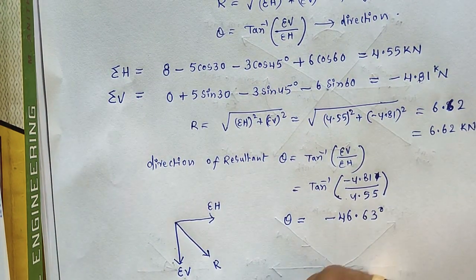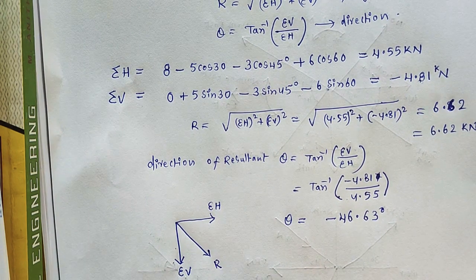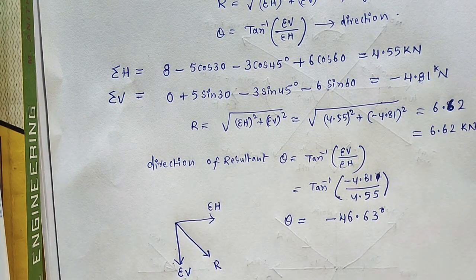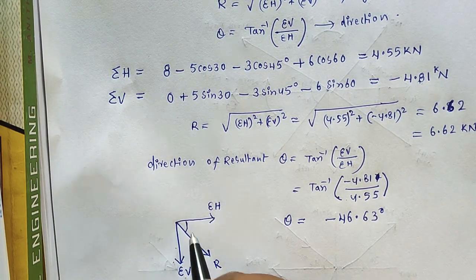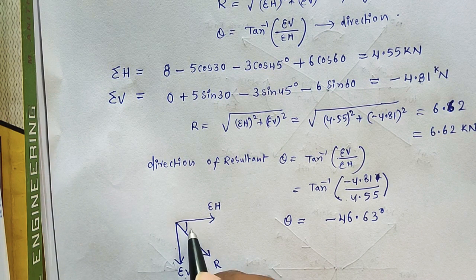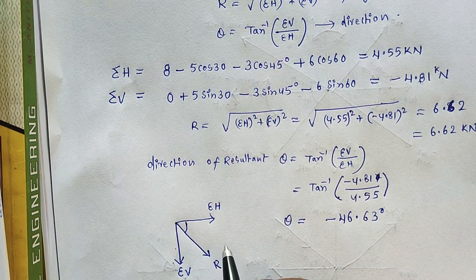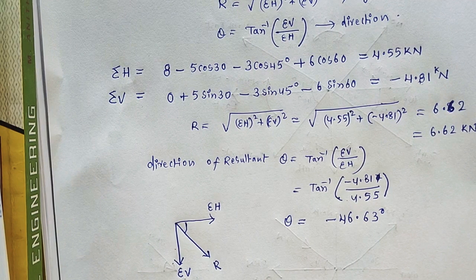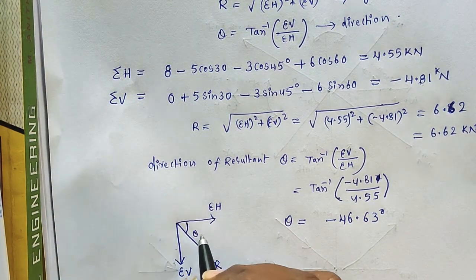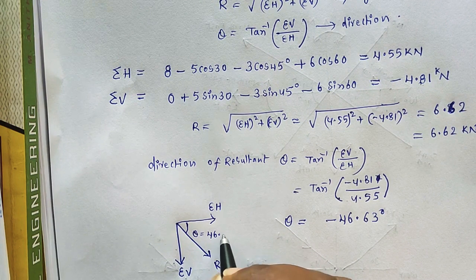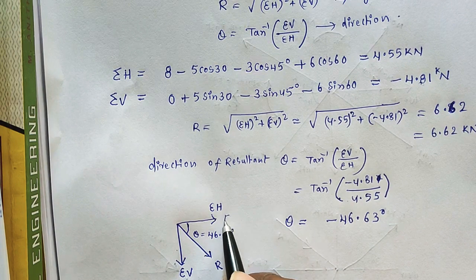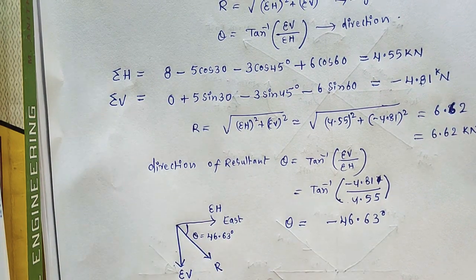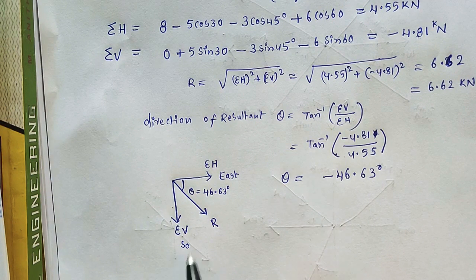This resultant is making an angle theta equal to 46.63 degrees. So this is east and this one is south.